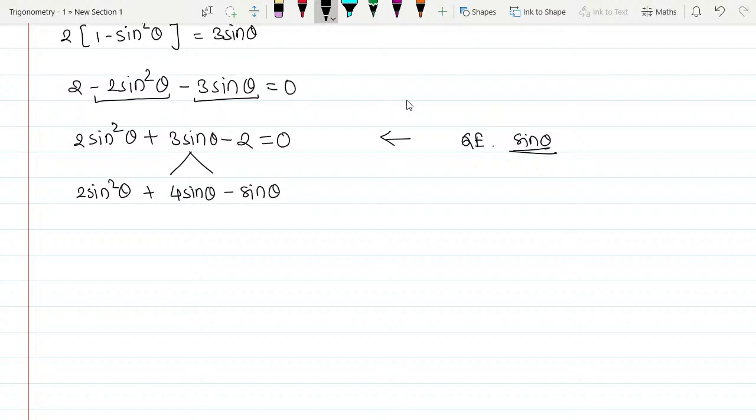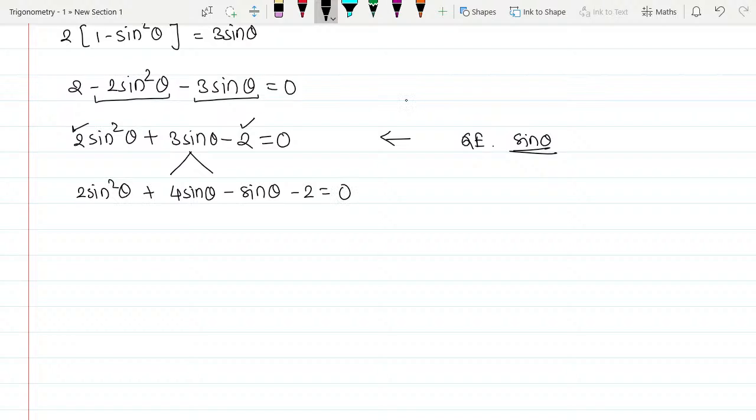Why have I taken 4 sin theta? Because 2 into 2 is 4. But I have 3 sin theta, so I added one and subtracted one. So 4 minus 1 is nothing but 3 sin theta. That's why. So minus 2 as it is, equals 0.